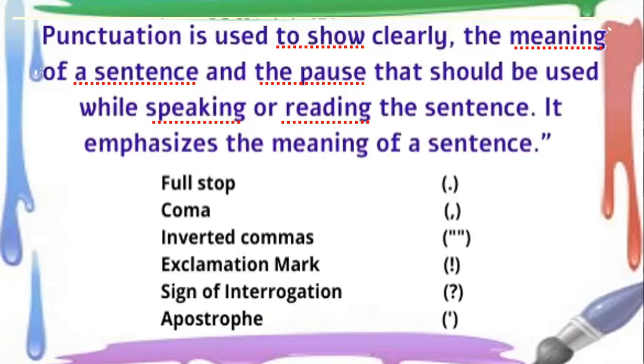We use the full stop, the comma, the inverted commas, the exclamation mark, the question mark, and the apostrophe. So these are all the different punctuation marks that we use when we write English or when we read something.